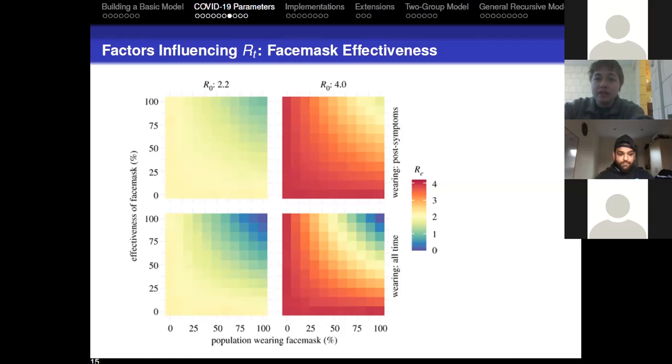And you can see that even if the masks are only 50% effective, if 100% of the population are wearing them all the time, our RT gets down to around 1 and can help to slow the spread of the virus. And if the masks are even more effective, then you can get it below 1 and essentially bring the pandemic under control.